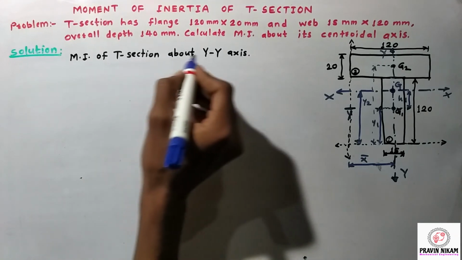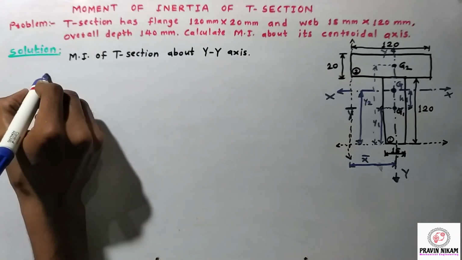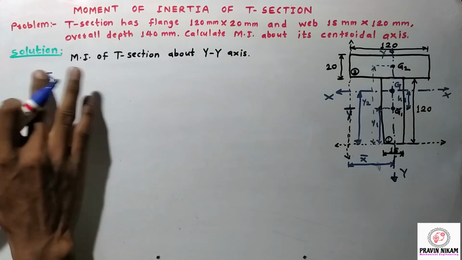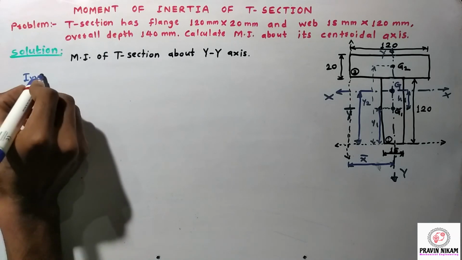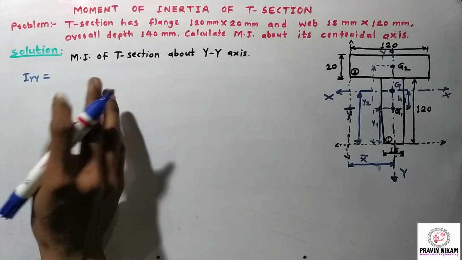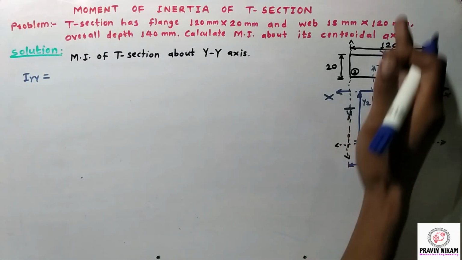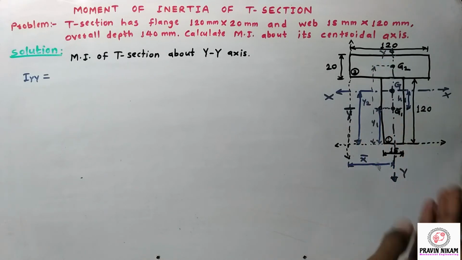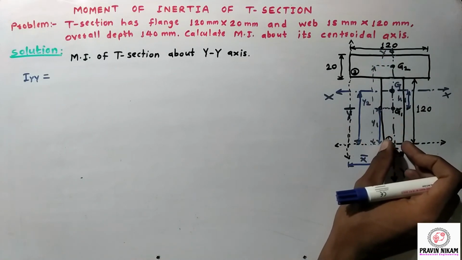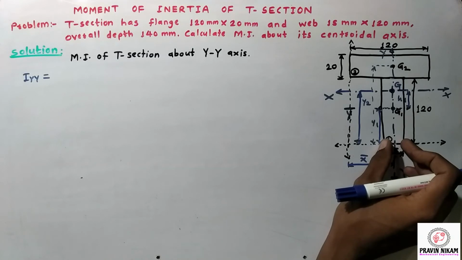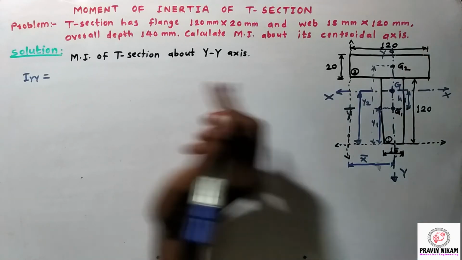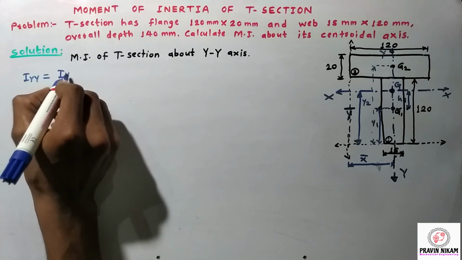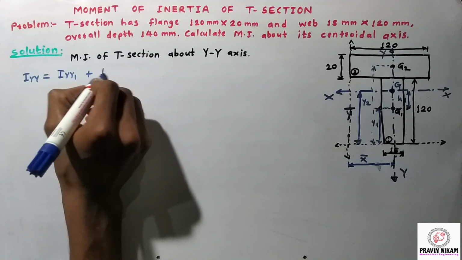So moment of inertia of T section about y axis, that is we have to find out Iyy. So Iyy is equal to, now total moment of inertia about y axis is equal to moment of inertia of this section 1 about y axis plus moment of inertia of this section about y axis. So Iyy1 plus Iyy2.